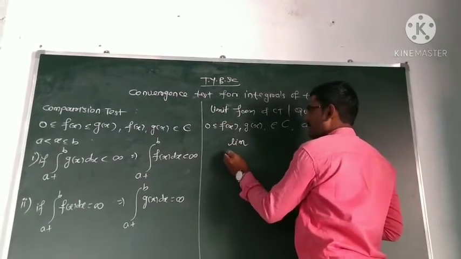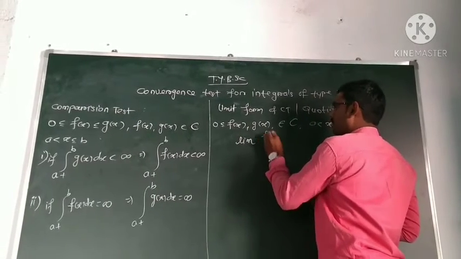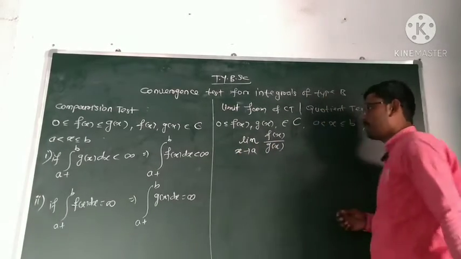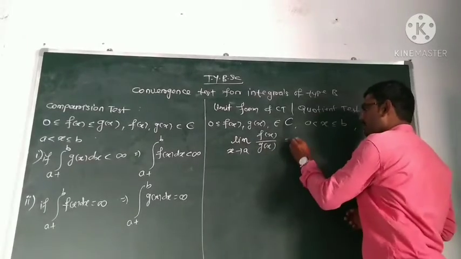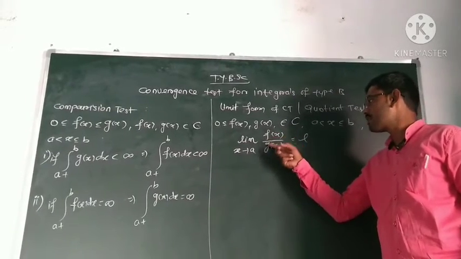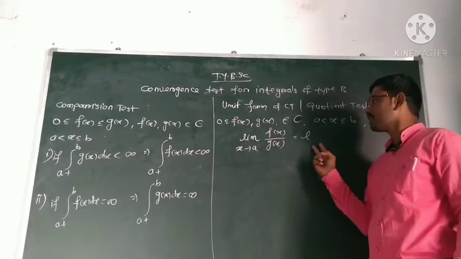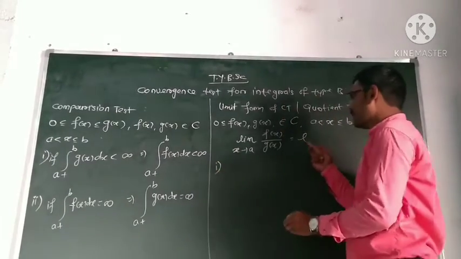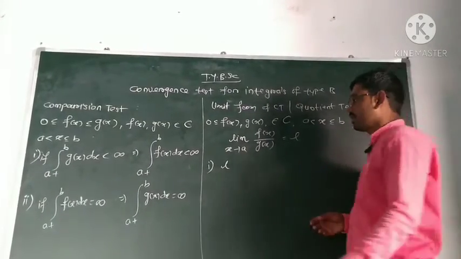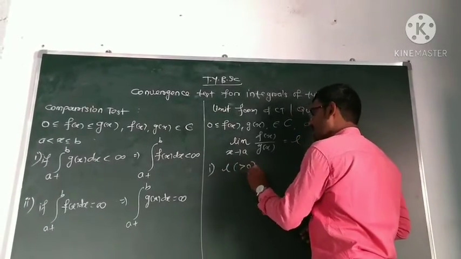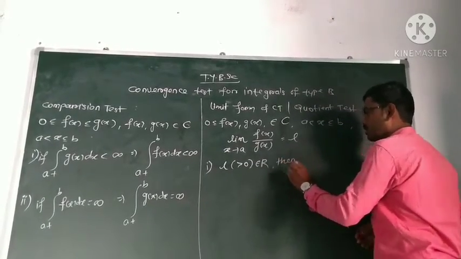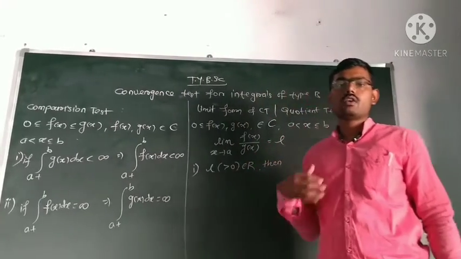As x tends to a plus, the limit of the ratio f of x upon g of x is equal to, say, L. Then first, if this limit L is a real number greater than 0, then both improper integrals converge or diverge together.